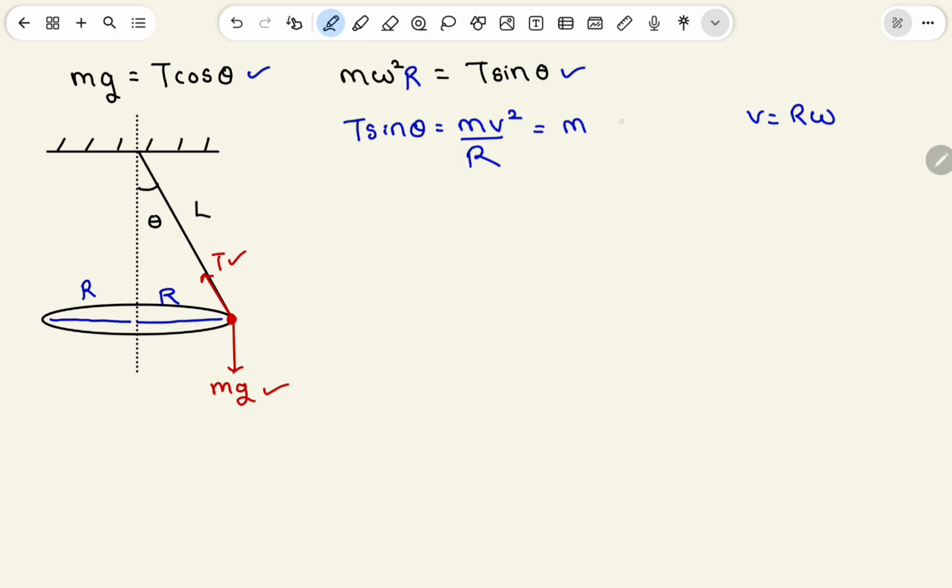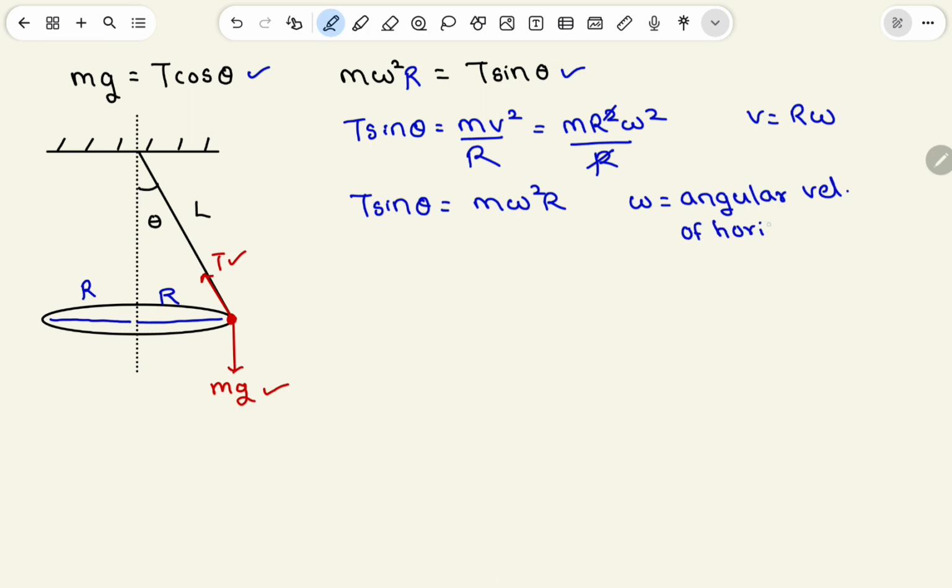Therefore, in place of v, we can write r square omega square upon r. R and r get cancelled. So we have T sin theta is equal to m omega square r, where omega is nothing but the angular velocity of horizontal uniform circular motion performed by the bob.